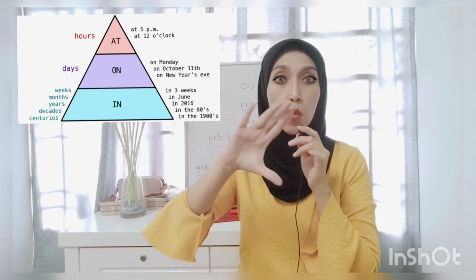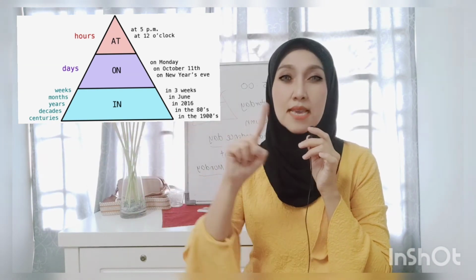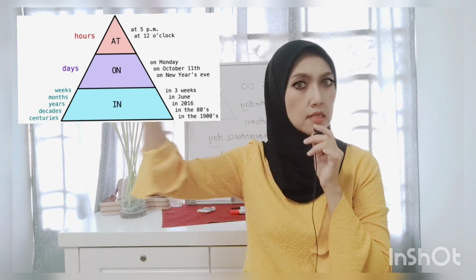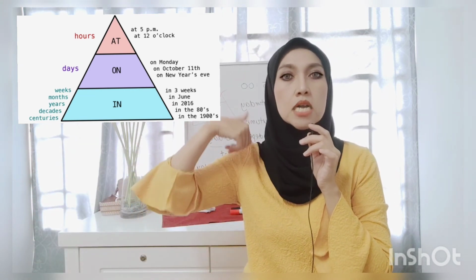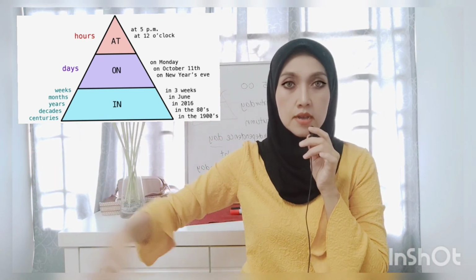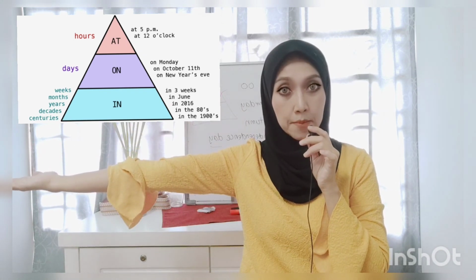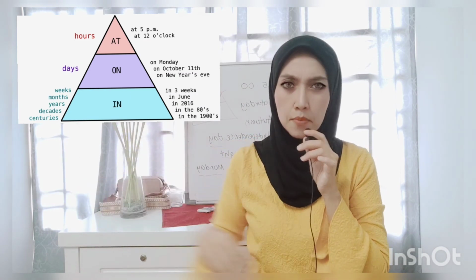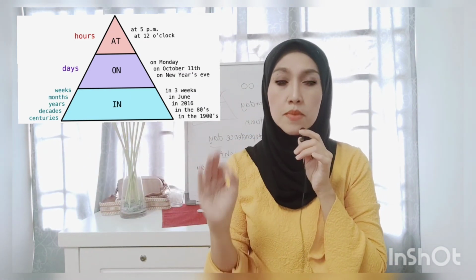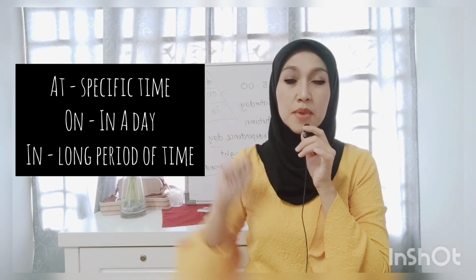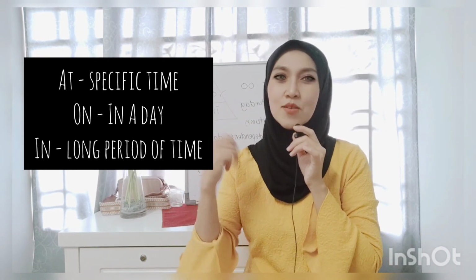Next, the widest among all is in. When you want to mention something in a longer period of time, like seasons, a year, the past, or the future, that's something in a long period of time. So the clue is a long period of time, you use in. That's why in is at the lowest level of the triangle, the biggest coverage. So easy, very easy.